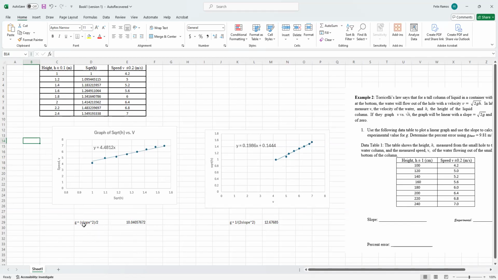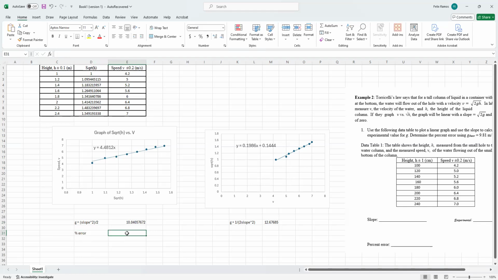Now, once you have the value of the slope, that was 4.4812, and with that slope you calculate the value of the gravity, and you can find now the percentage of error. So how will you find this percent of error?